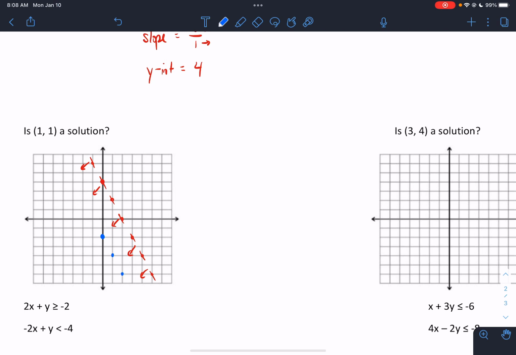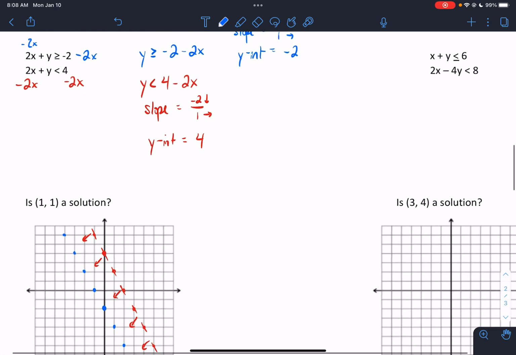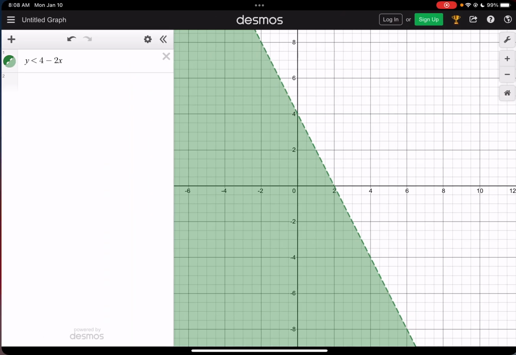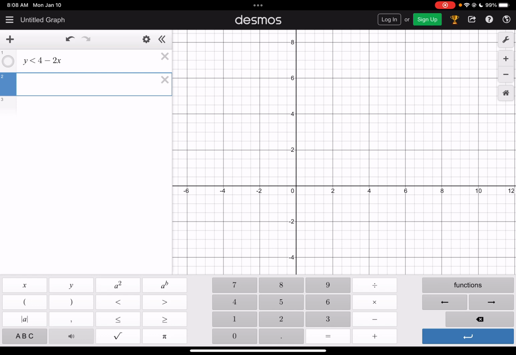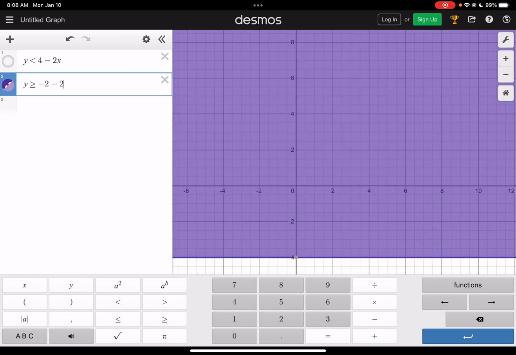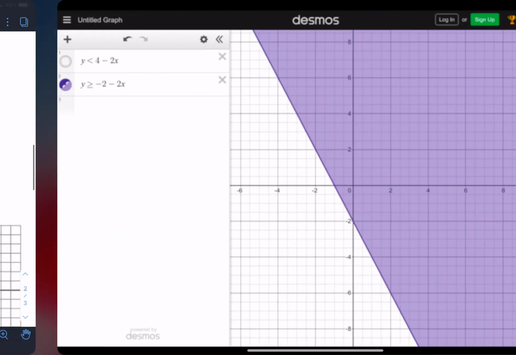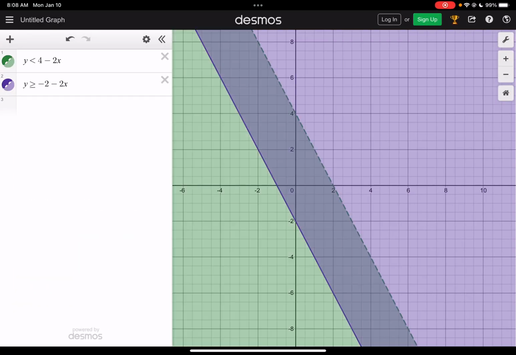And what you kind of notice is that these are parallel lines. So y is greater than or equal to -2 minus 2x, yep. I'm going to actually change those colors just because it's a little harder to see.